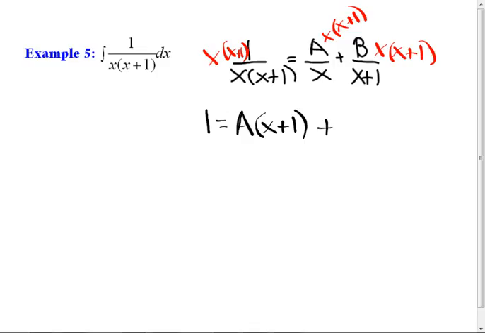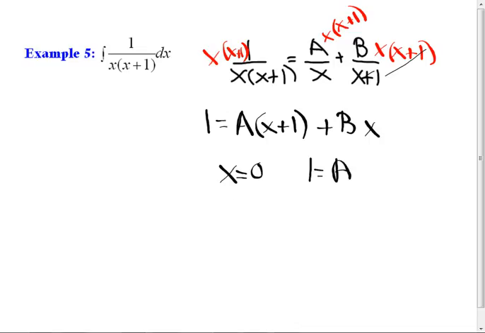Plus b times what? What cancels? Yeah, let's cancel. Now, do you remember the trick that we did here? We want to find out what a and b are. x is any number you want it to be, so x is equal to 0. I cleared out the fractions. So 1 is equal to a, right? If x is 0.